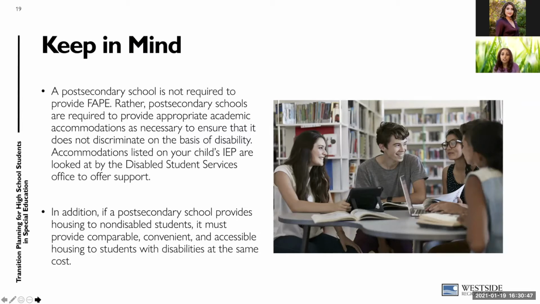The educational relationship with the local school district stops there. So if a child is pursuing higher education after graduation from high school, the rules are different in terms of what is available for them at the higher education level or at the college.